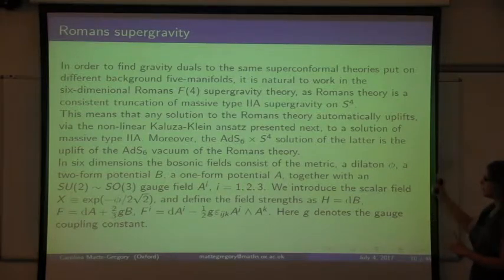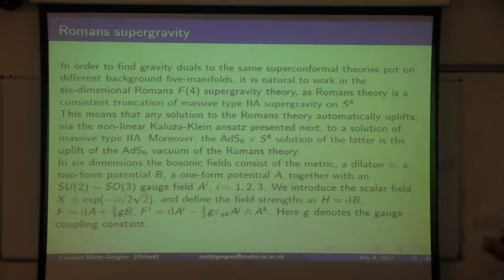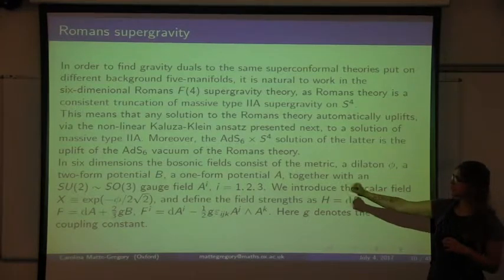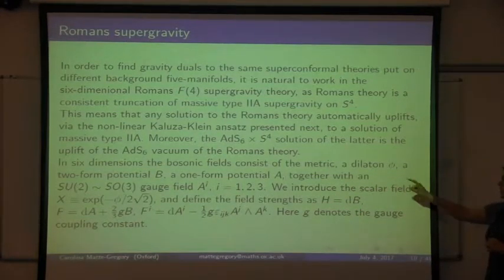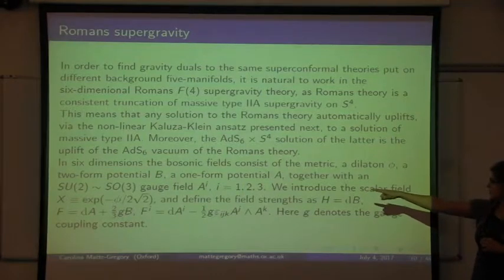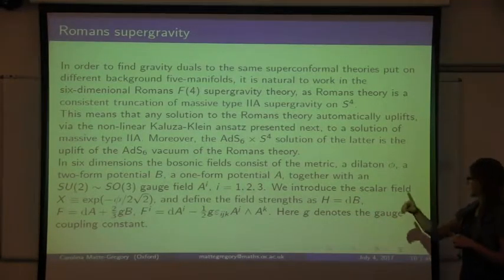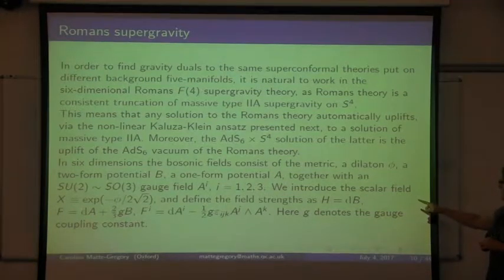But another thing that we should think about this theory are the fields that are on it, or that could be on it. So we have the dilaton that we've seen these past couple of days, a two-form potential B, a one-form potential A. We have the gauge field, an SU(2) gauge field A^i, that we looked at, very similar to the one that we just had.